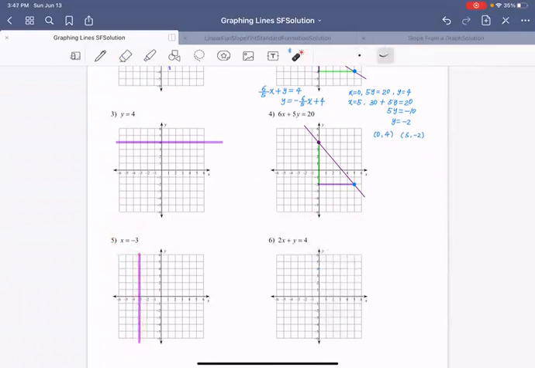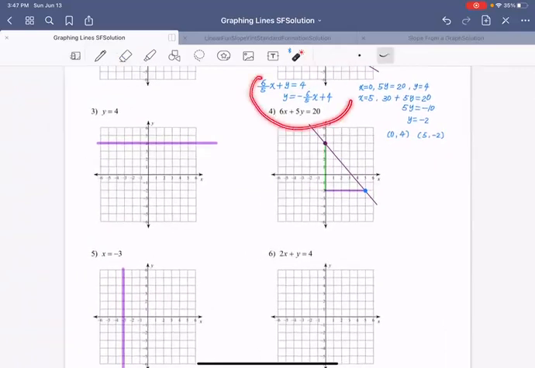Use your brother's example. Let's do this one first. How do we change this to the slope y-intercept format? Go ahead, please. y equals -2x plus 4. Very good. Thank you.